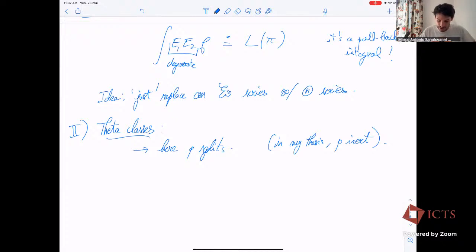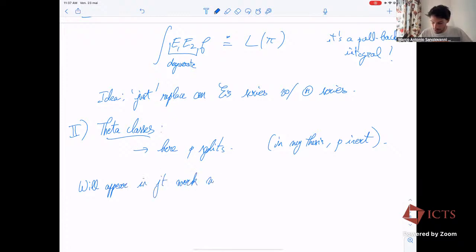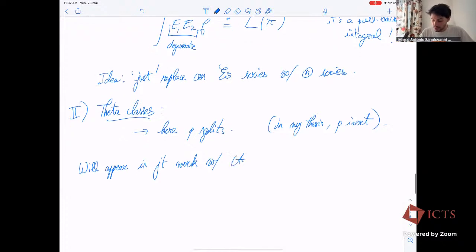So this construction will appear in joint work with Ashay, where we build this Euler system and derive arithmetic consequences.